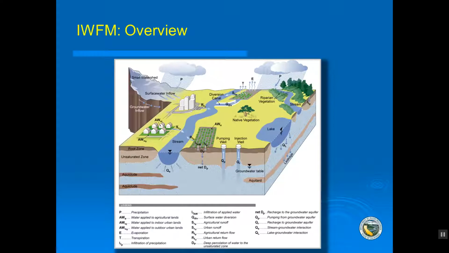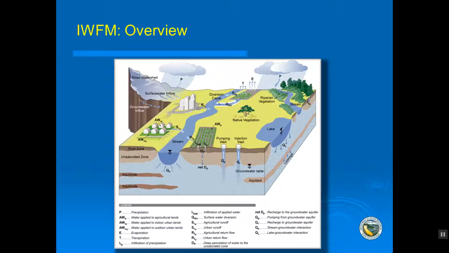We simulate what we call the unsaturated zone. We simulate the land surface and root zone processes. But I think, I used to say a unique feature of IWFM, it's not unique anymore because MODFLOW has the farm process as well.